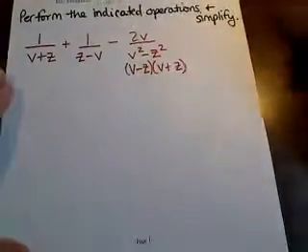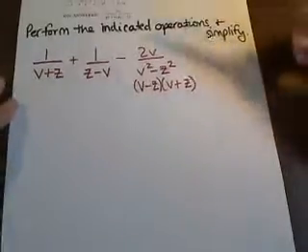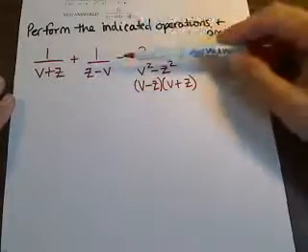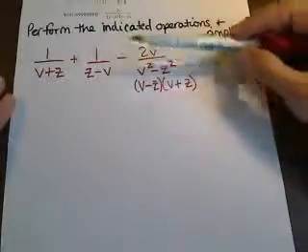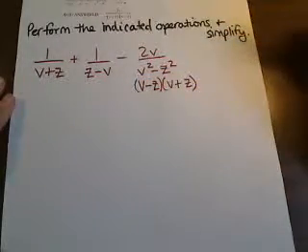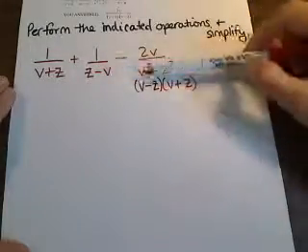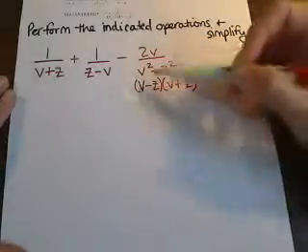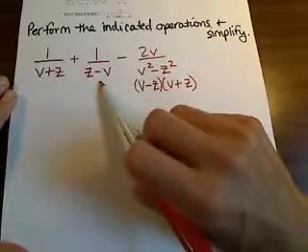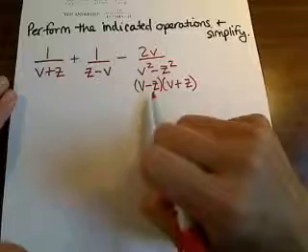Okay, and we need to identify our LCM, but before we do that, we want to actually look at the fact that this z minus v here and the v minus z are actually the same, but they're different by a negative. So instead of having a separate factor in the LCM to account for each of them, I would rather just take this one and flip it around and have it become like that.